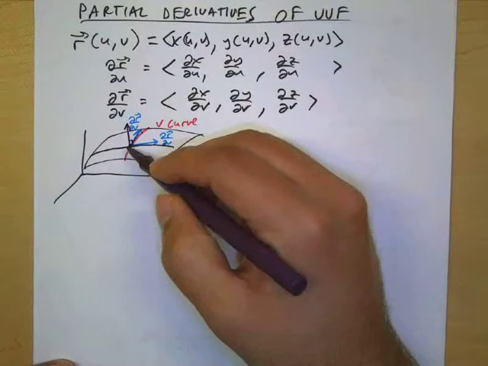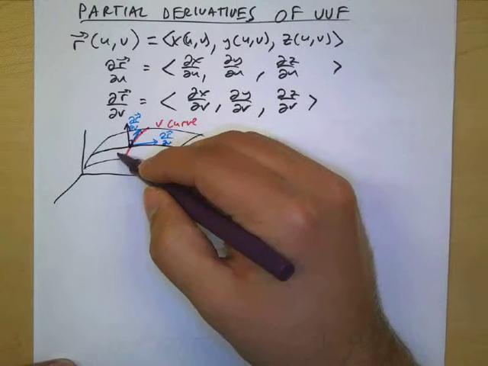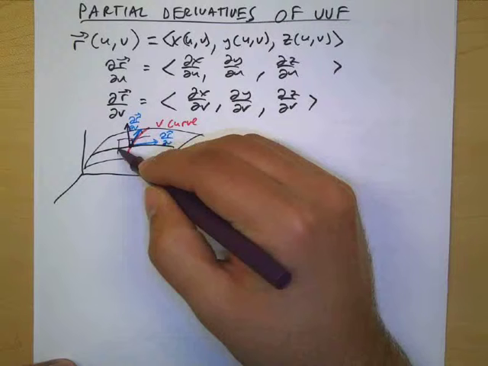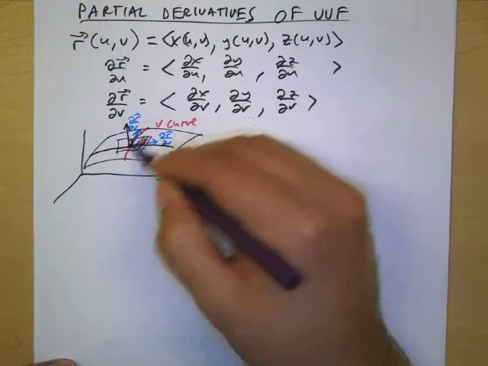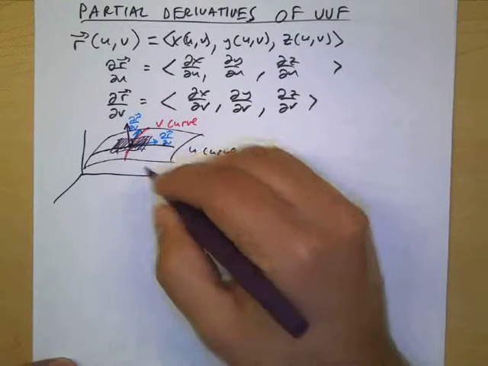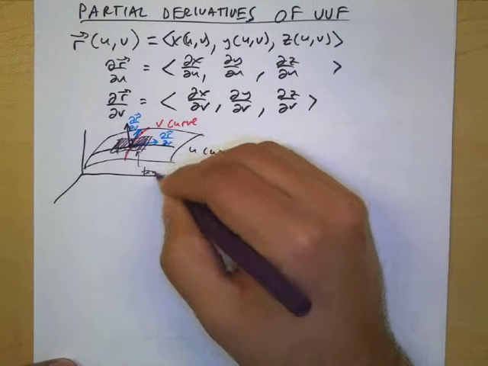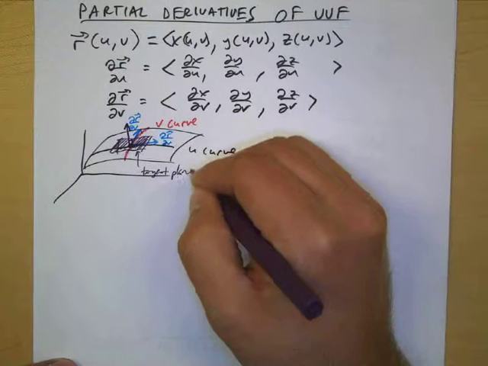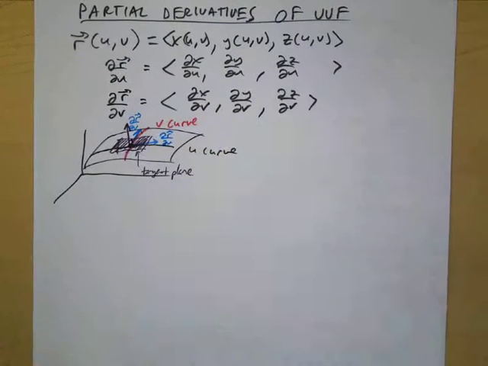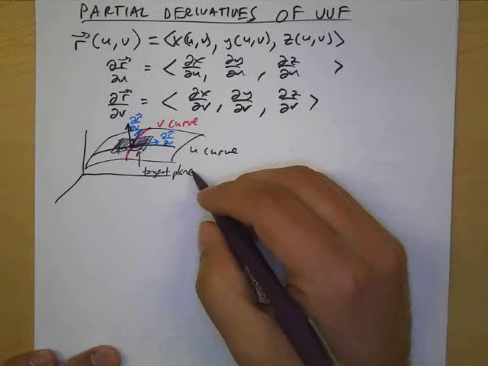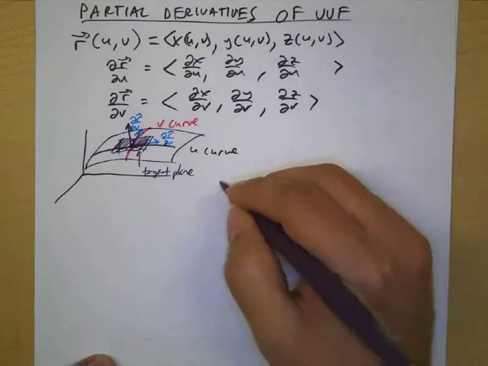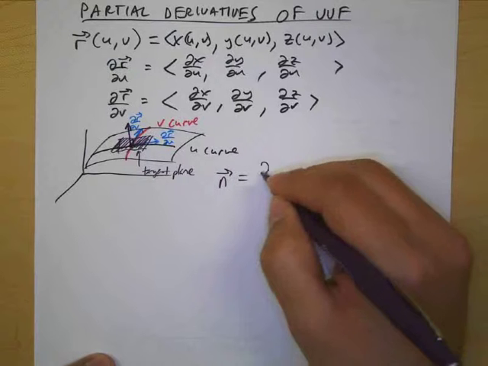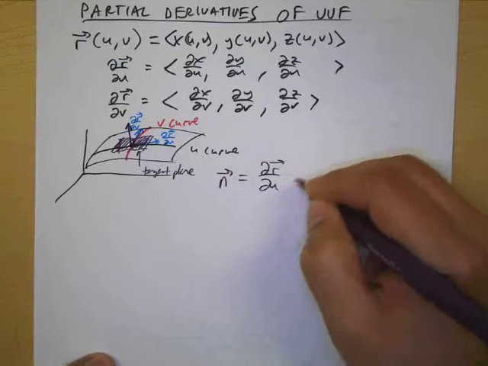That would now be normal to some tangent plane at that point. So for that tangent plane, the normal vector would just be the cross product of the two.